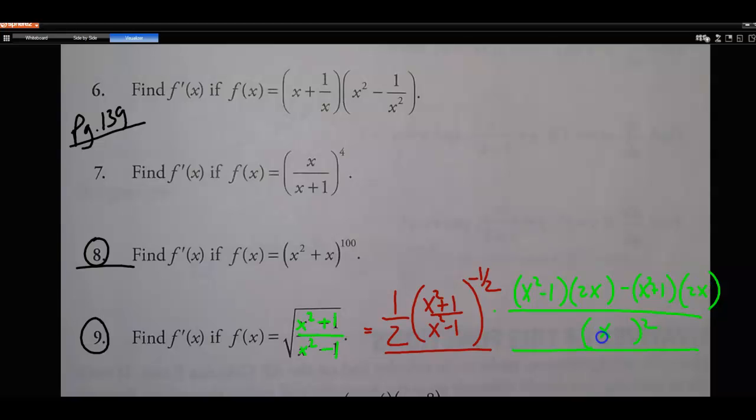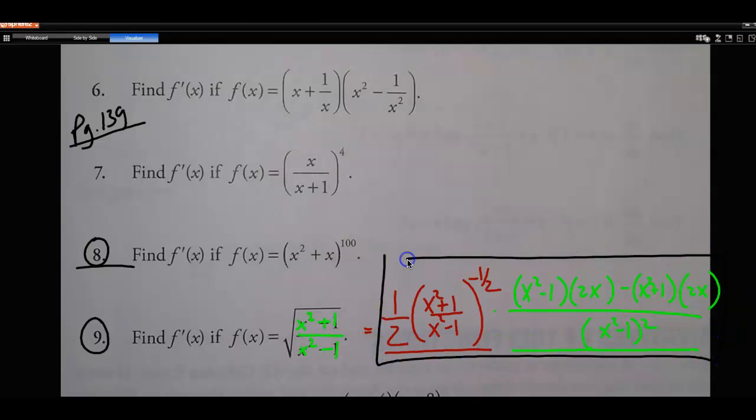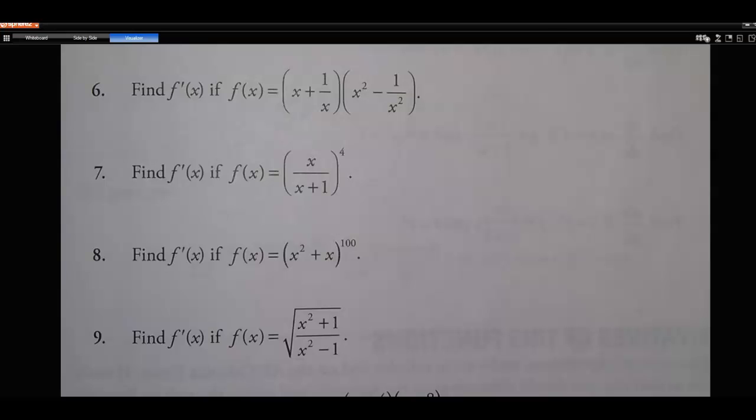Draw a line, square below. And that's where I'm going to stop with this problem. You can definitely simplify this, but it's not worth it. It's just pointless. It's basically just showing off some amazing algebra skills to try to simplify it. I don't care about that right now, and I don't think that you'll ever be asked to do something like that. So we're not going to worry about it. That's good enough. There's our derivative. Same thing whenever you guys do your number 8. After you apply the chain rule, you can stop and leave it there. You don't need to simplify it, okay?